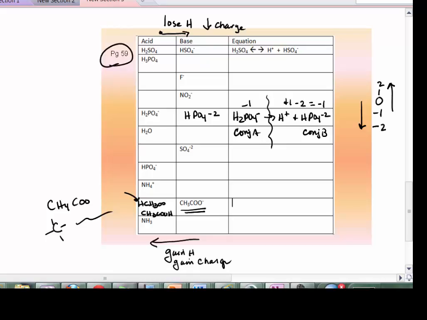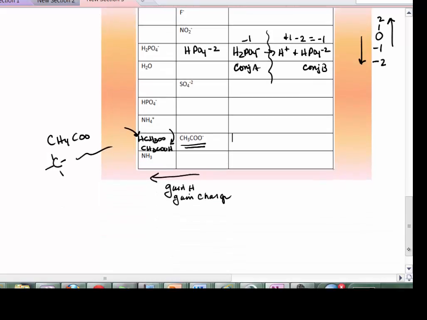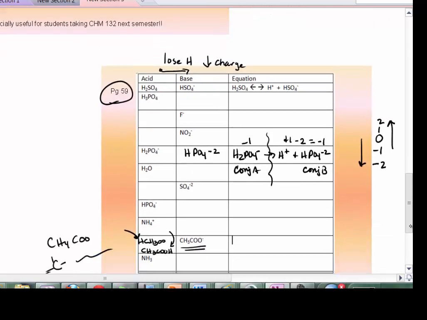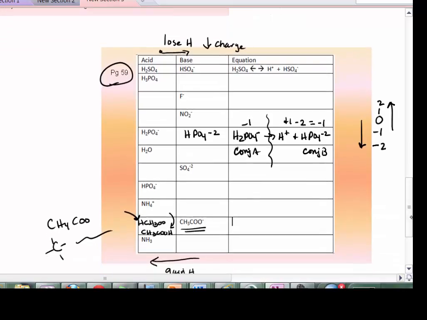So the acid hydrogen either goes in the front or in the back with the COOHs. So that's an example of using Bronsted-Lowry acid-base theory.